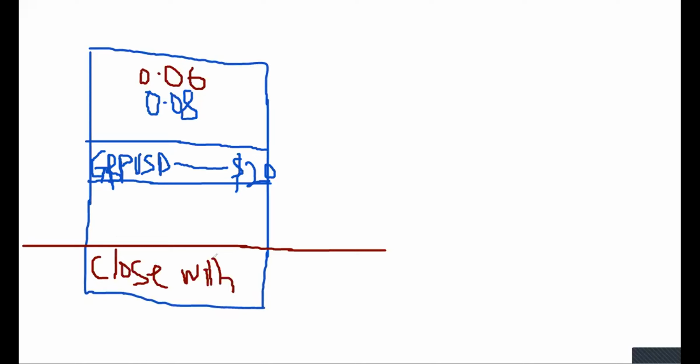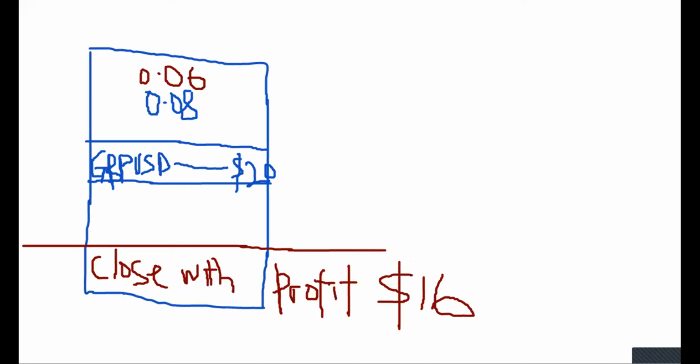At the bottom, you see something like close with profits, let's say $16. Once you click on that, this profit will go and stay in your profit margin. It means you have booked $16.